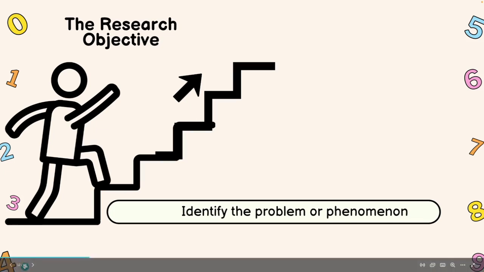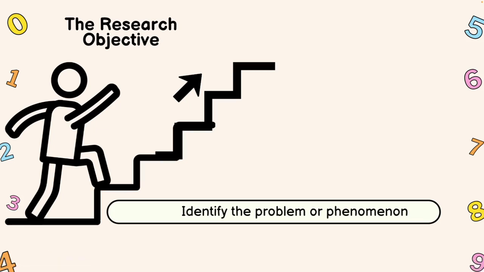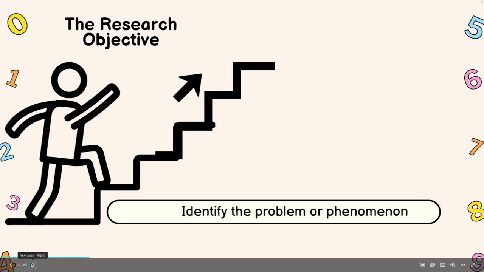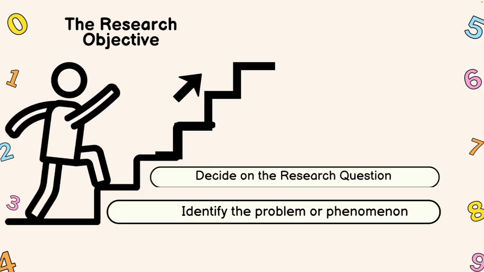Identify the area that you are interested in, the phenomenon, the issue, the question that you want to learn more about, and then you develop, you hone a research question, which is different from a general question. A research question is one that is testable by data.